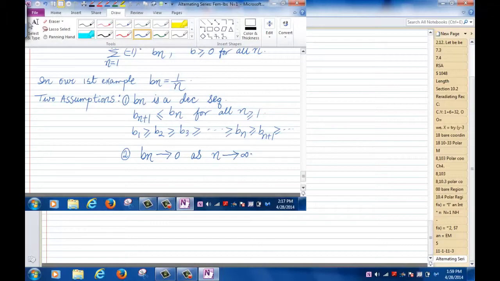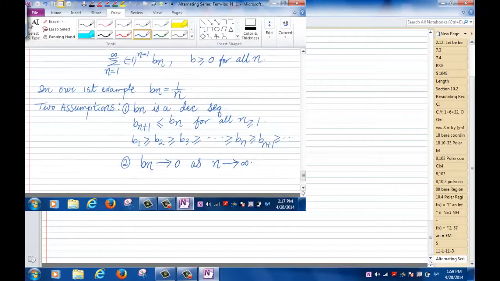It turns out that whenever you have an alternating series where the terms are decreasing in size and the limit of the nth term, the terms, are going to 0, then that series must be convergent, okay?